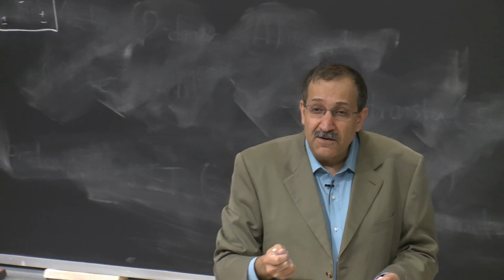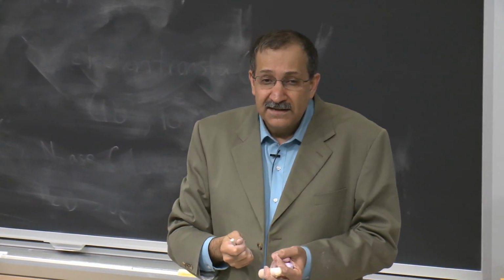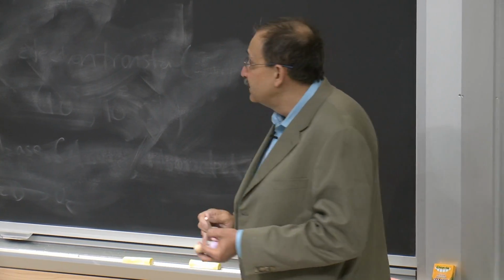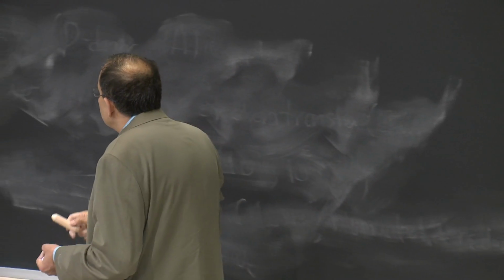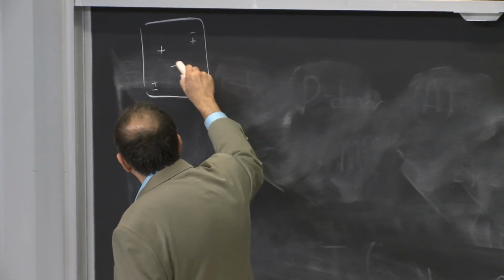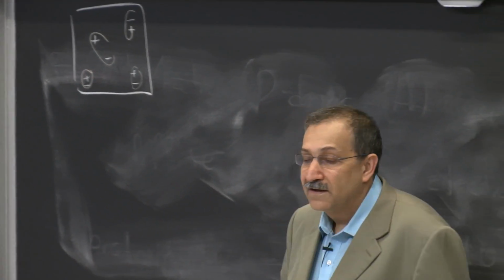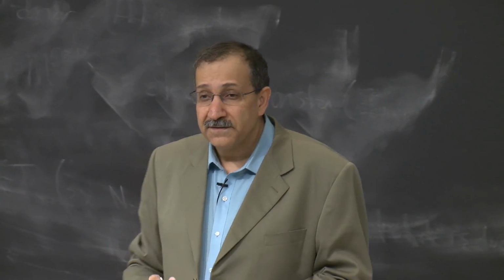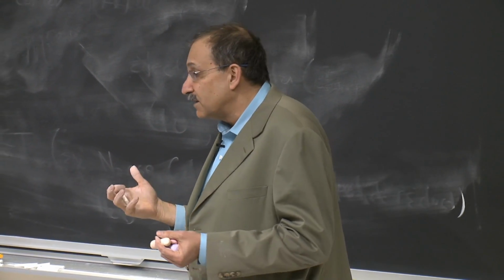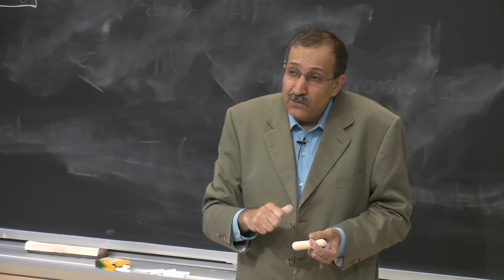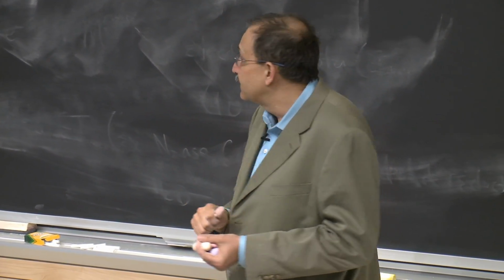No matter how small I make y, there will be a very small density of these things that will appear. And presumably, these things will always appear close to each other. So I will have a density of these pairs that is controlled by how big y is.